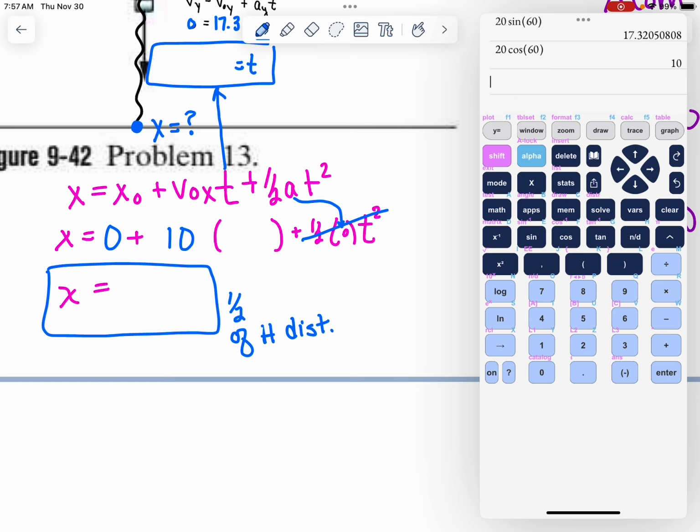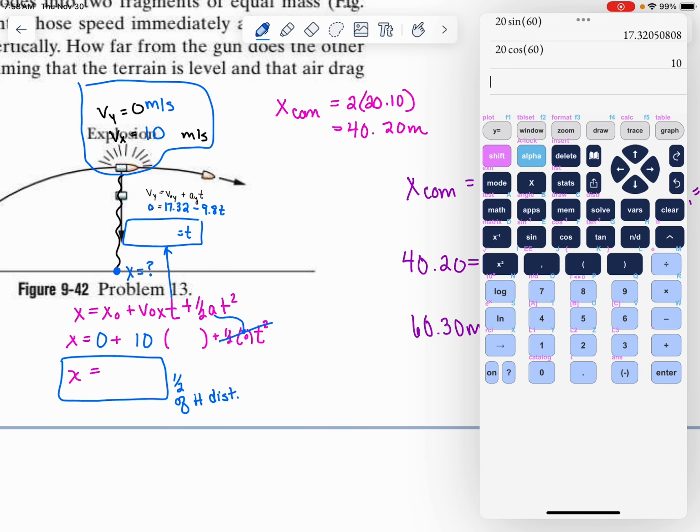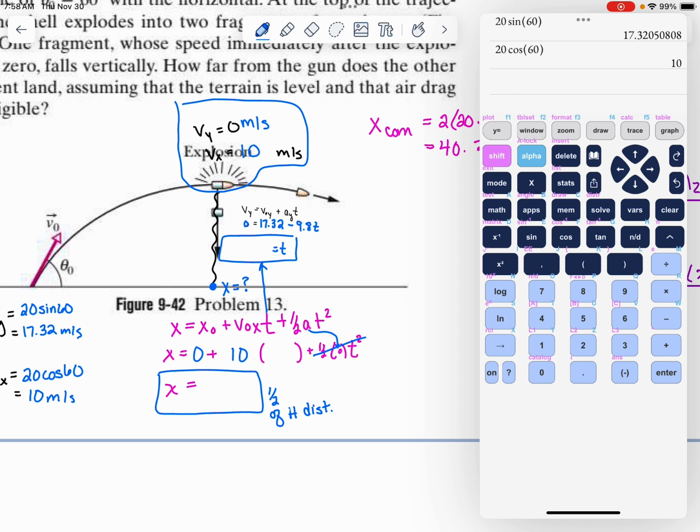And what we're going to do is, back in the 9293 notes, there was a statement that after an explosion, the center of mass will continue in the regular projectile motion path. So if I were to do this, the center of mass would go like that.